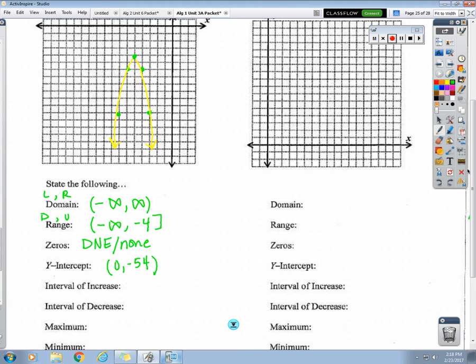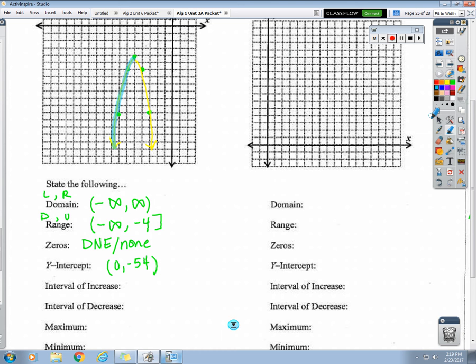Okay, interval of increase. Now, keep in mind, we read from left to right, and with intervals, we only care about the x values. So which side of that parabola is increasing? The left side or the right side? The left side. From left to right, this part's going up, correct? Well, when did it start going up?